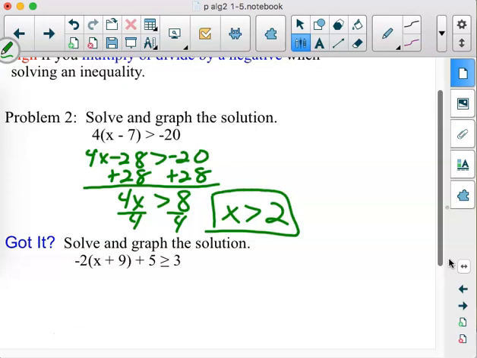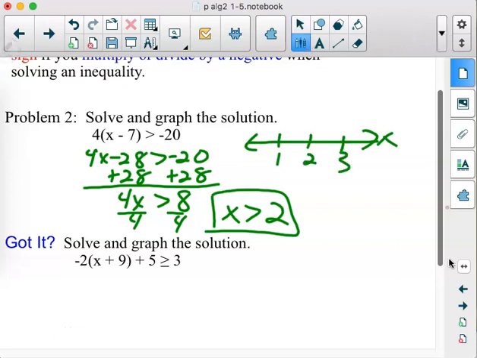Now it says solve and graph the solution. Well, let's do 1 or 2 of these graphs. I don't think we want to graph all day, but let's do a couple of them. Because I think you pretty much got the gist of it on the last page, right? So, if you answer me how to do this correctly, I'll know we don't need to do lots of graphs today.